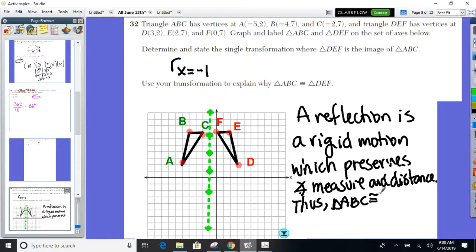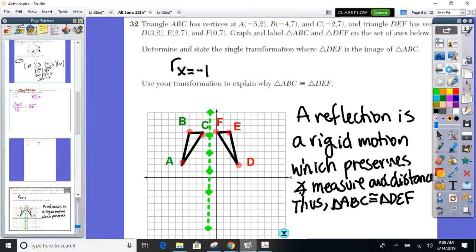Triangle ABC congruent to DEF. All good. I just want to make sure we went over the wording.